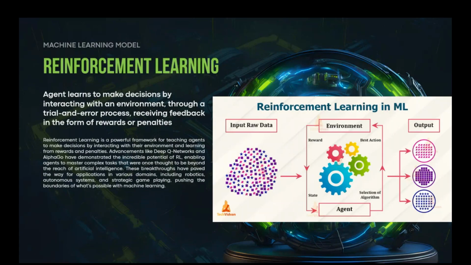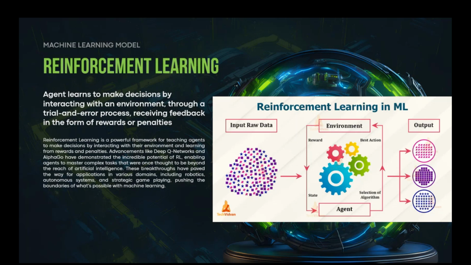Next we have something called reinforcement learning. Reinforcement learning is a branch of machine learning where an agent learns to make decisions by interacting with an environment.